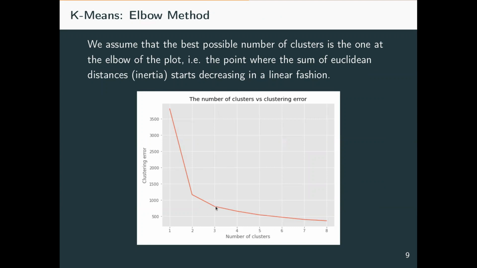So it's the point where the error starts decreasing in a linear fashion. So here it will be between 3 and 4, because after 3 this seems to be like a straight line. After 4 this is even more obvious, so this will be up to you, but personally I think that 4 may be the best number of clusters.